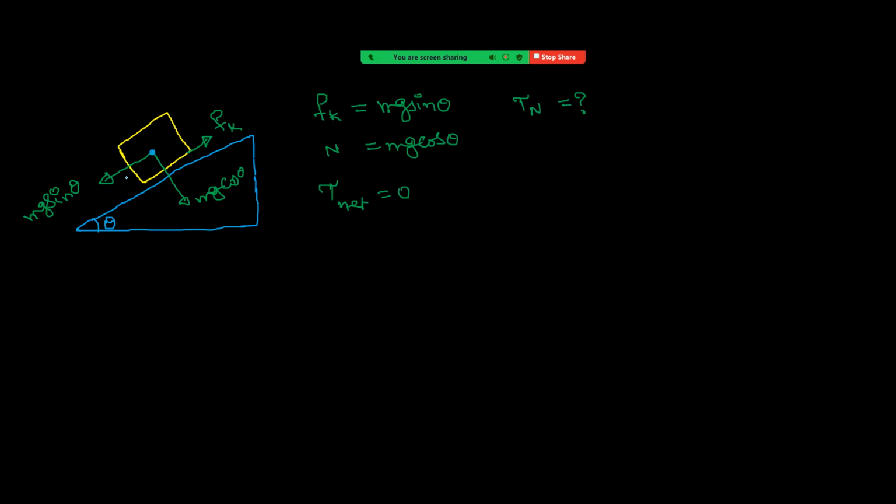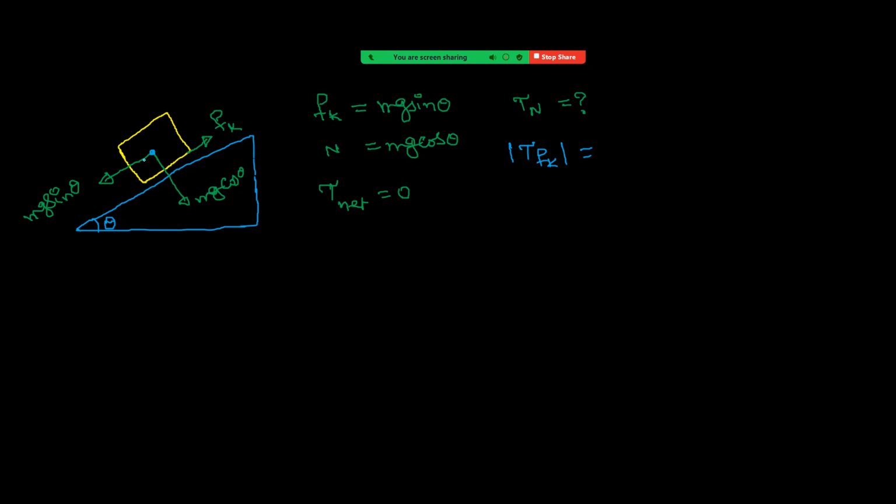So there must be a torque due to some other force, which balances the torque due to frictional force. Already we have seen, because of gravity there is no torque, because the gravitational force is passing through center of the block.